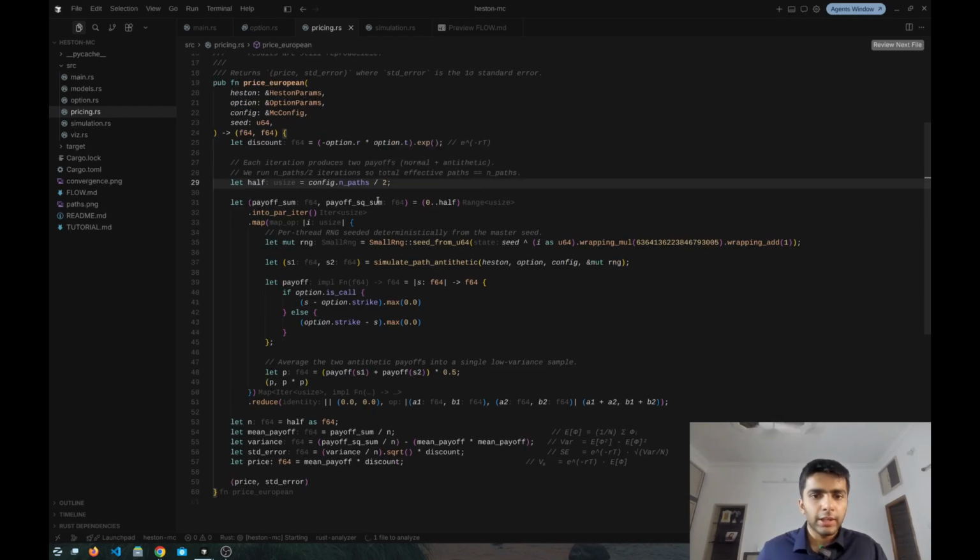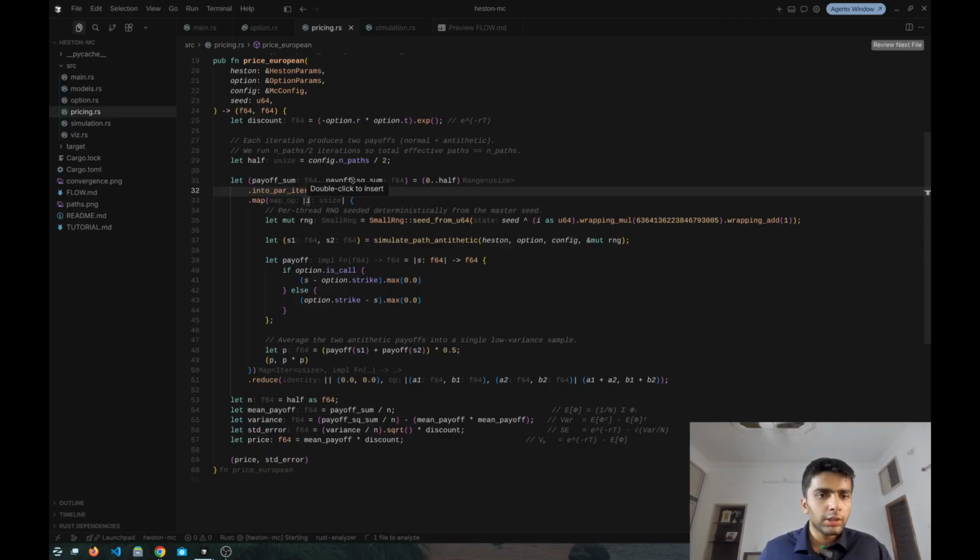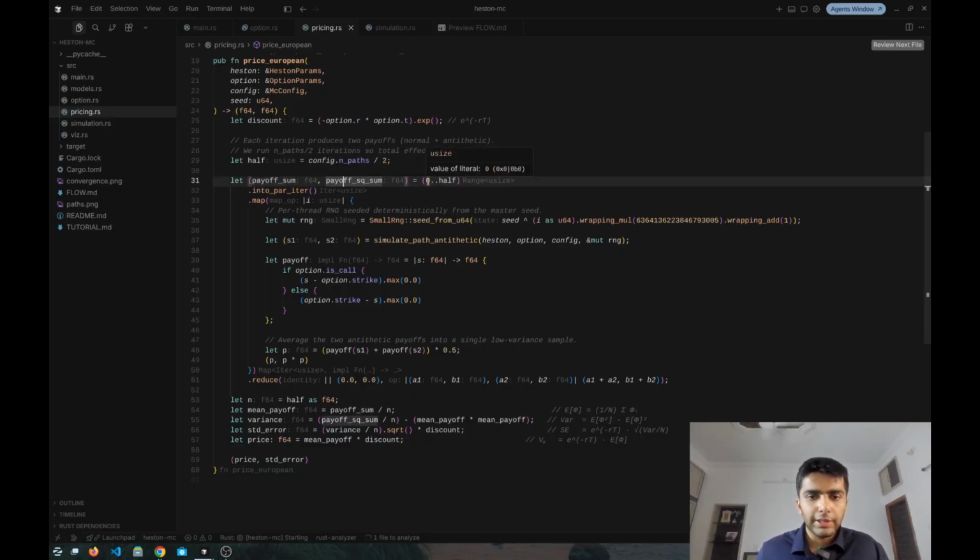Alright, and then we move on to our loop. Here basically we want the sum of the payoff and the payoff square sum, and we'll run this loop from 0 to 50,000. Half is 50,000. And then we call this into_par_iter.